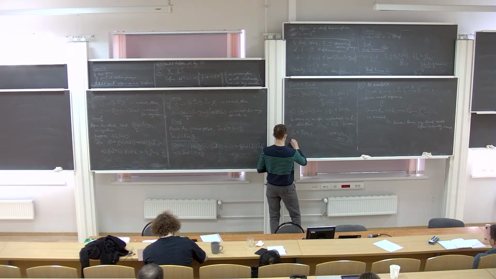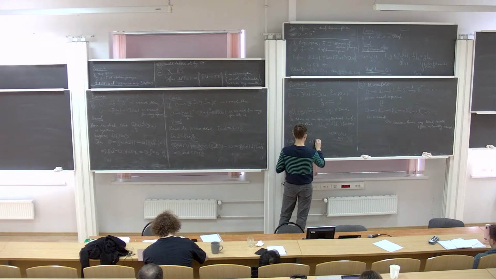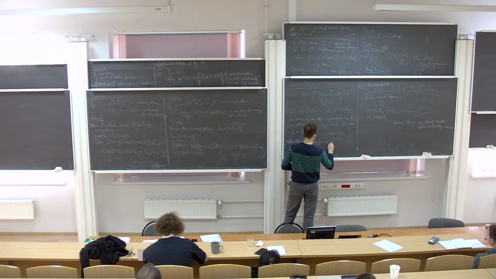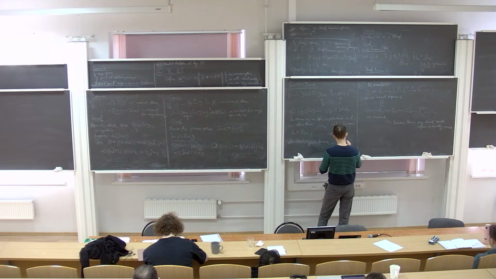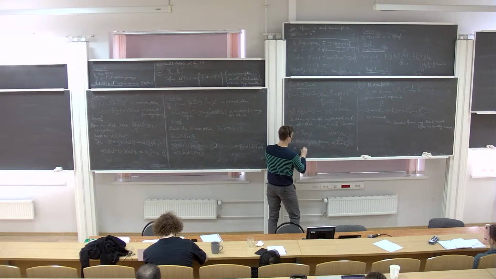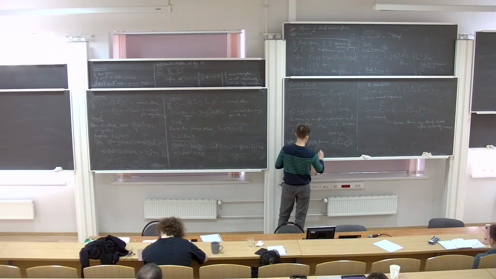Then on the intersection of Ux intersected with Uy, we have that alpha of fx minus fy is g restricted to Ux∩Uy minus g restricted to Ux∩Uy. So this is 0.